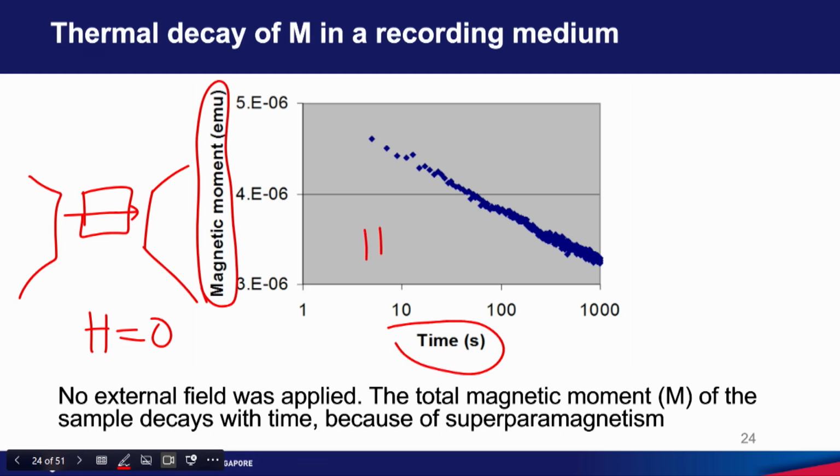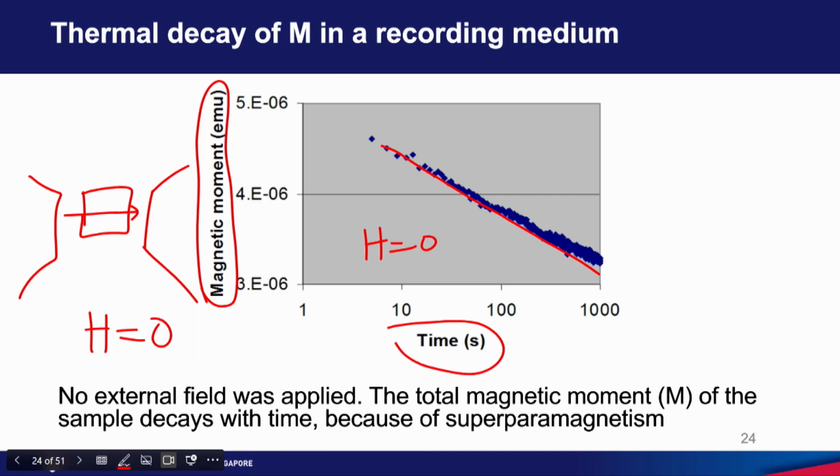Okay, field is 0. So, you notice that the magnetic moment keeps decreasing as a function of time. Okay, this is a logarithmic scale. So, it keeps decreasing as a function of time.